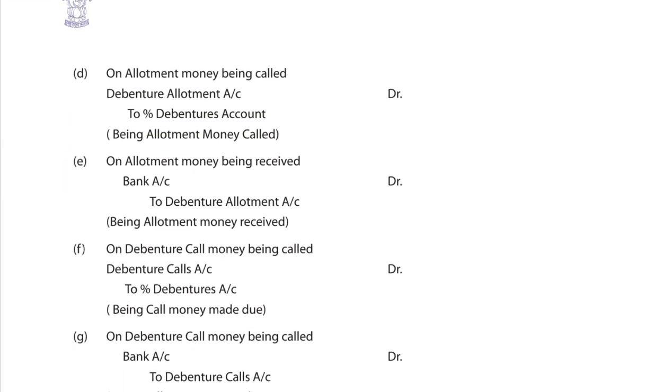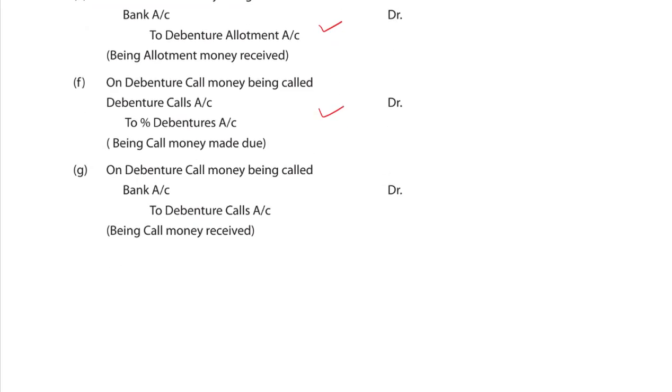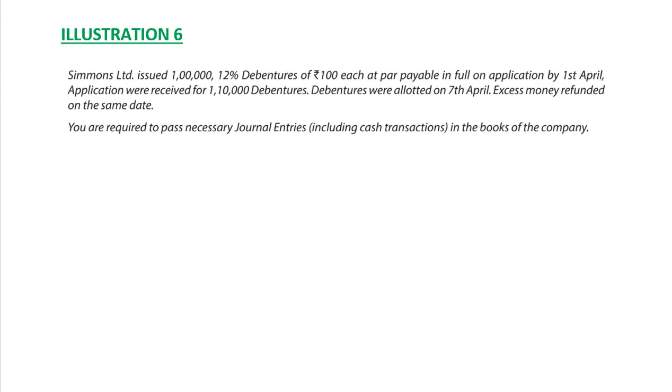When allotment money is being called, debenture allotment account debit to debenture account. On allotment money being received, bank account to debenture allotment account. On debenture call money being called, debenture call to debenture account. On call money being received, bank account to debenture call account. I believe you understood. Let us move ahead.